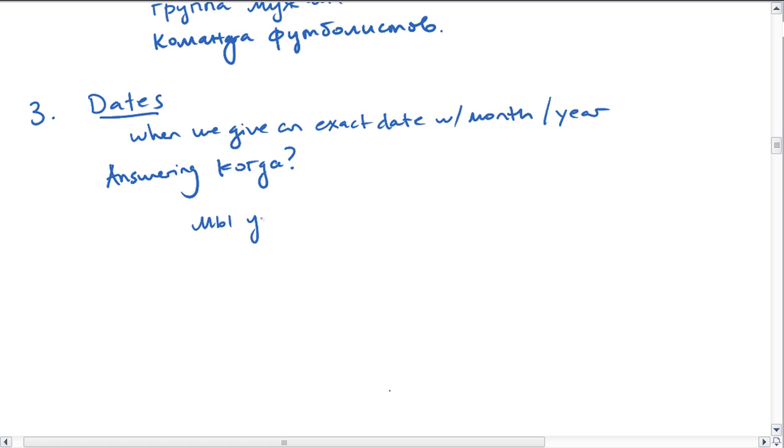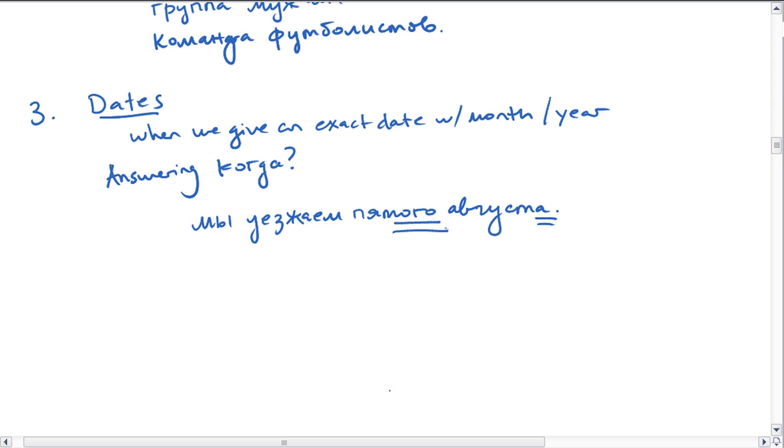Мы уезжаем 5 августа. Right? So, 5 августа. Both the number, the date, and the month are in the genitive case. And if we asked, когда вы возвращаетесь? When are you returning? Мы возвращаемся 27 мая. So again, it all gets put in the genitive case.